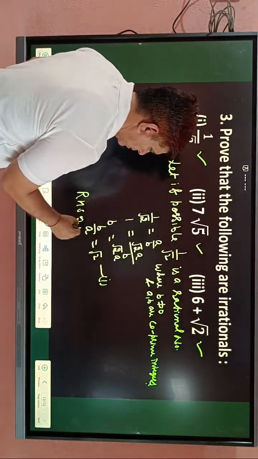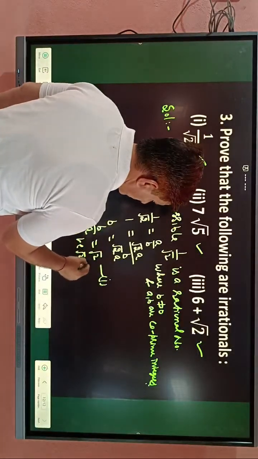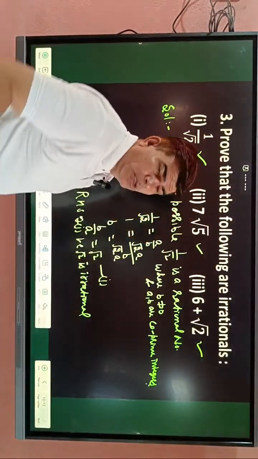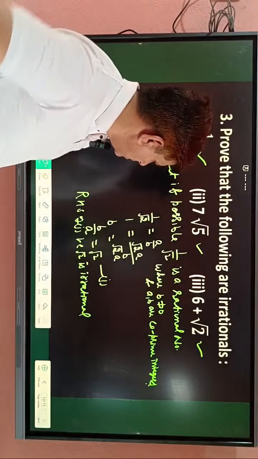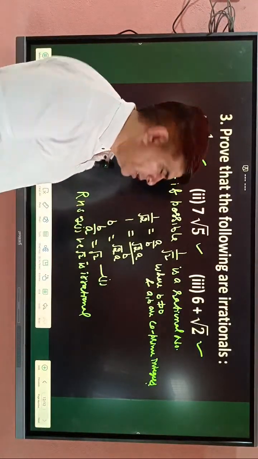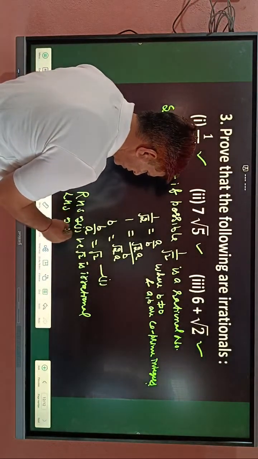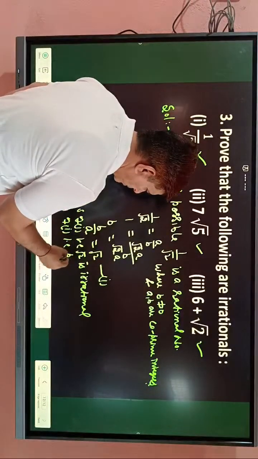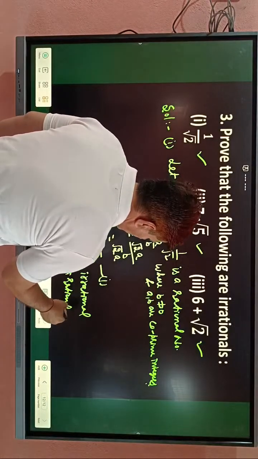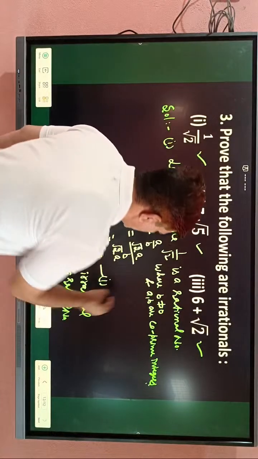RHS of first, that is n root 2, is irrational. You already proved it. What about b by a, integer divided by integer? Definitely a rational number. So LHS of first, that is b by a, is a rational number. So what's its meaning?